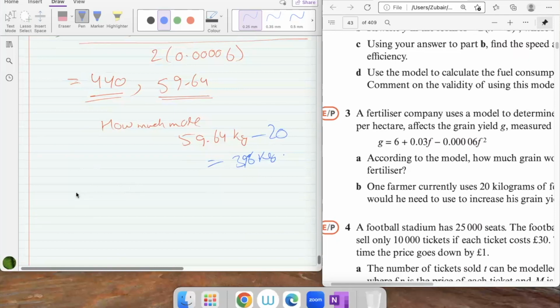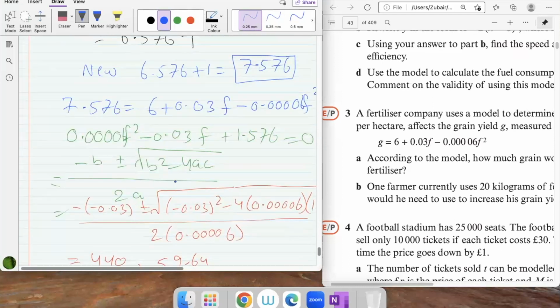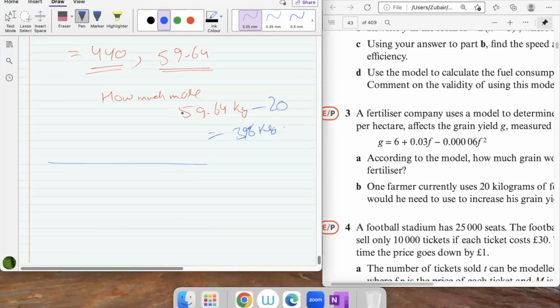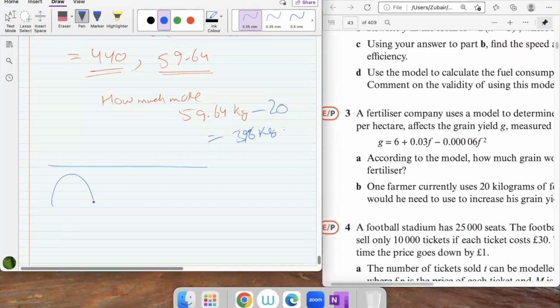I'll explain how. If you just look at this expression before rearranging, G equals something like this. The F squared term is a negative number. So what do we do with a negative number? It is always a sad face. If I try to sketch this graph, let's make it easier and ignore this Y, I'll get this type of shape.